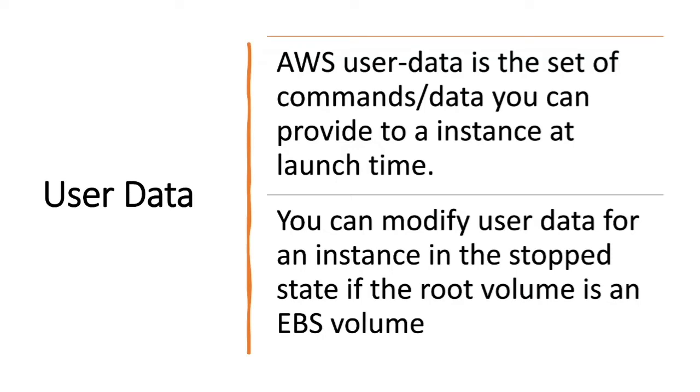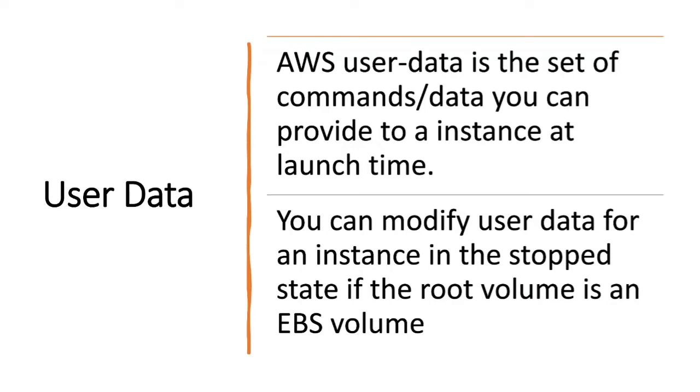But if you want to automate this particular process, you can do it with the help of user data. You can provide all those commands in a script. You can pass it to your EC2 instance user data text area, or you can upload the file, and this will install or run each and every command at the launch time.